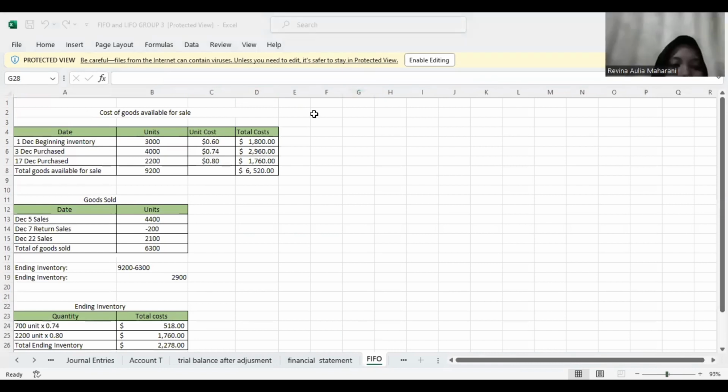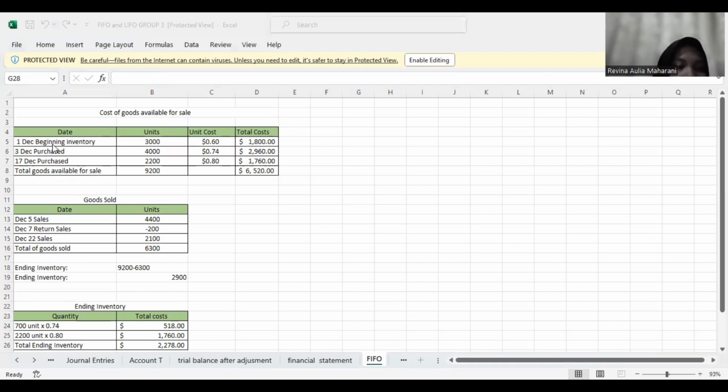Okay, thank you, Jill. First in, first out assumes that the oldest product in a company's inventory has been sold first and goes by this production cost of goods available for sale.